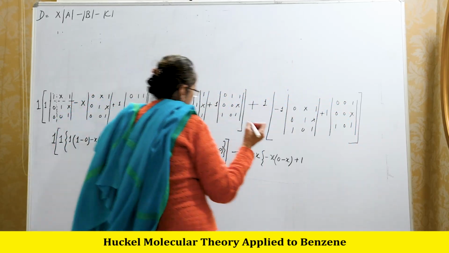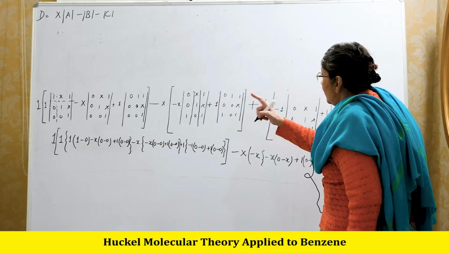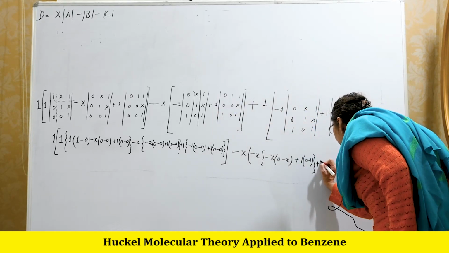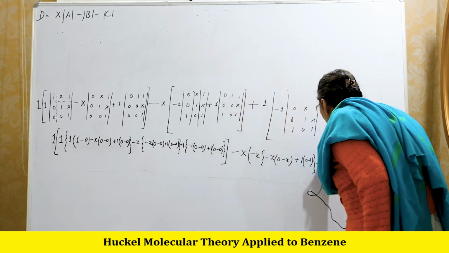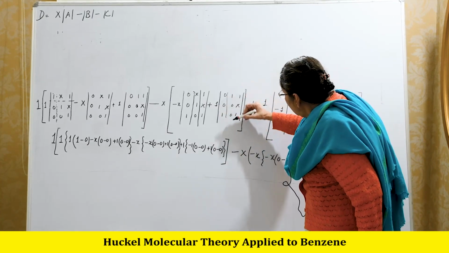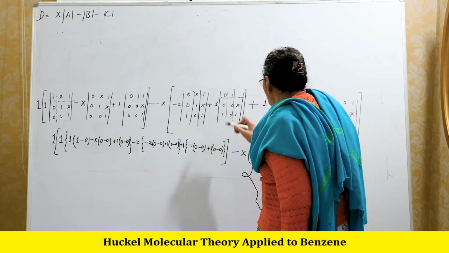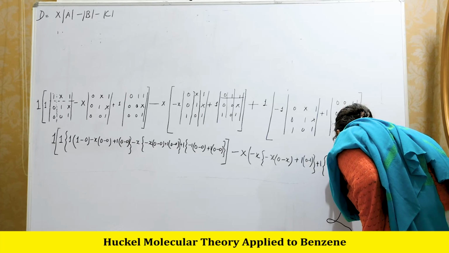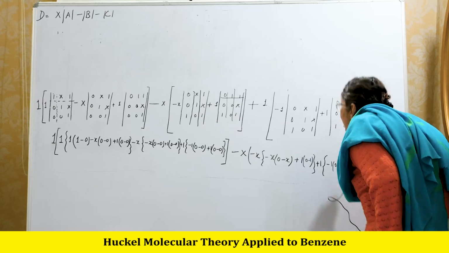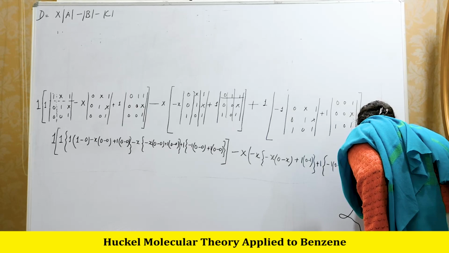So 0 minus 1, plus 1, 0 minus 1. This is for the first, and now this is plus 1, minus 1, minus 1, minus 1. So you get 0 minus x, minus 1, 0 minus x, and plus 1, plus 1. So you get 0 minus 0, 0 minus 0.